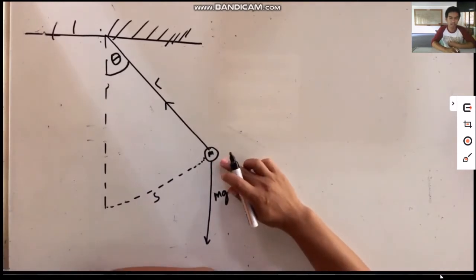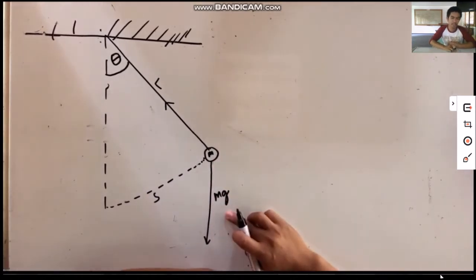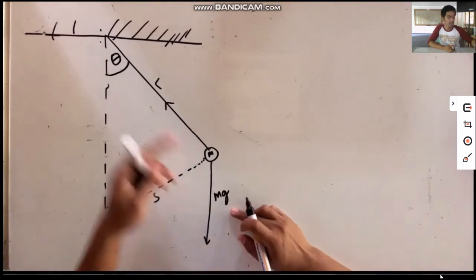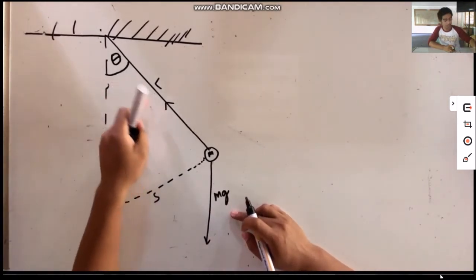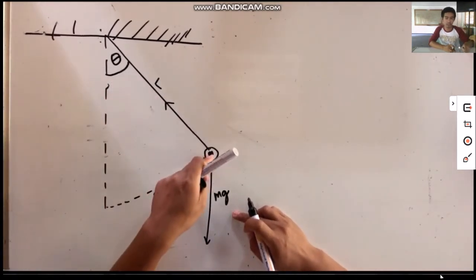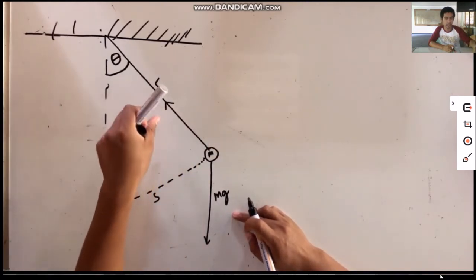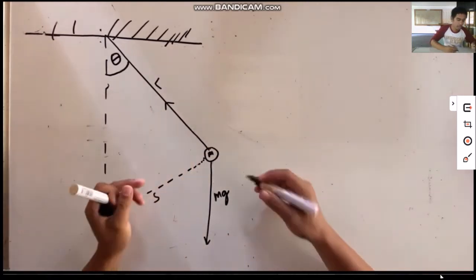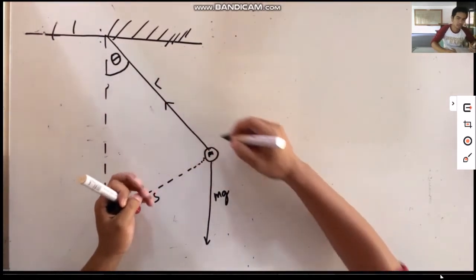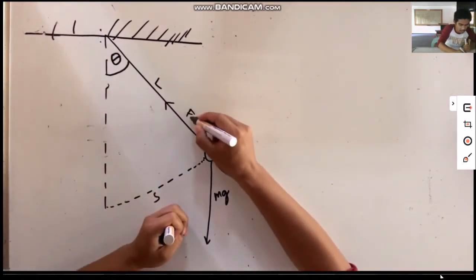The bob has mass, and it has a weight of mg. And what else? The string. The string exerts a force on the bob, which is the tension, at that direction, right? So I'll mark this as Ft.